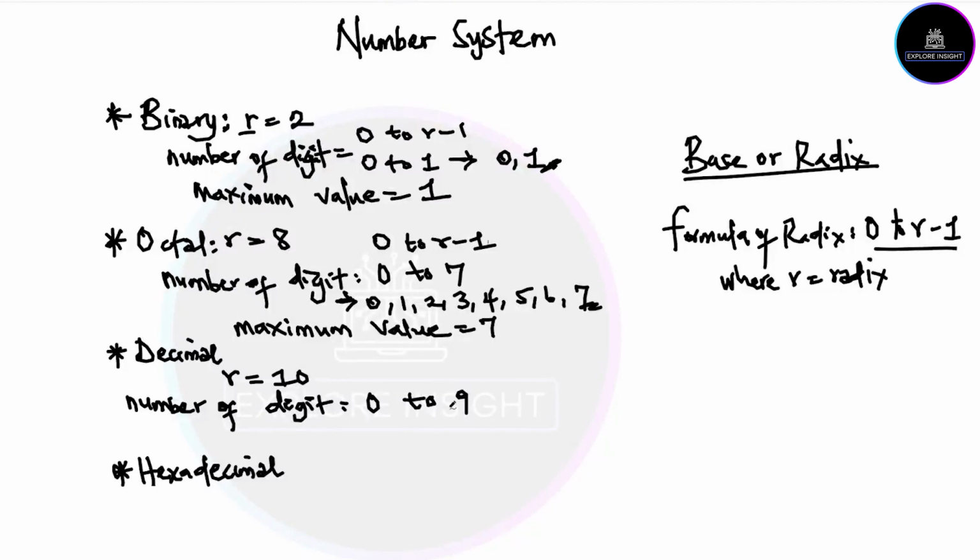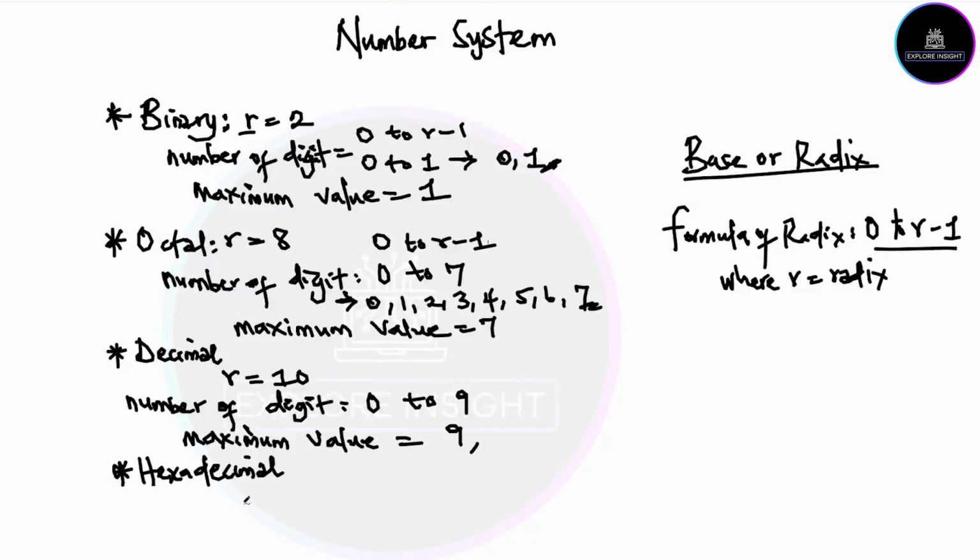In that range, we have 0, 1, 2, 3, 4, 5, 6, 7, 8, 9. Our maximum value is 9. So in the decimal system, the highest value you can find is 9.